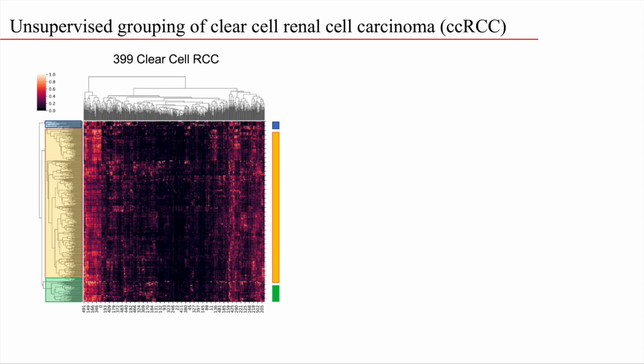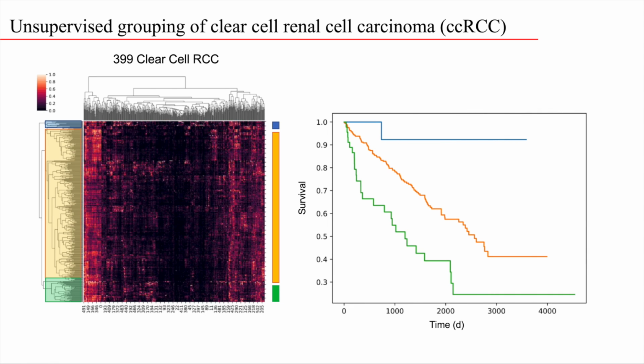This is all preliminary, but what we found was if you take the early bifurcations of this dendrogram, and you use the three major groups that were identified based on these 512 high-level morphological features, they do in fact have survival differences. You can see that there is a small group, albeit, that has a relatively good prognosis. We have an aggressive subtype of clear cell renal cell carcinoma, and then you have a group with a moderate outlook.